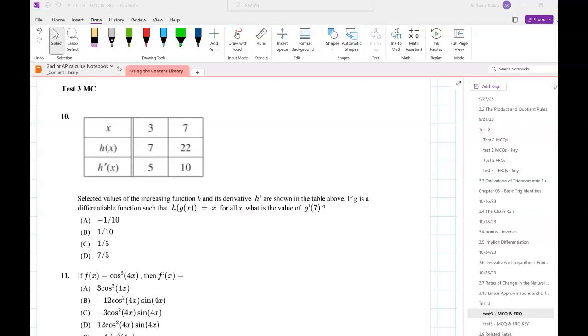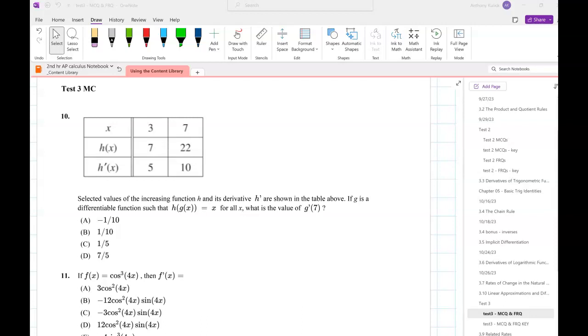So if I know that h of 3 is equal to 7, and g is its inverse, then in turn g of 7 is 3, right?